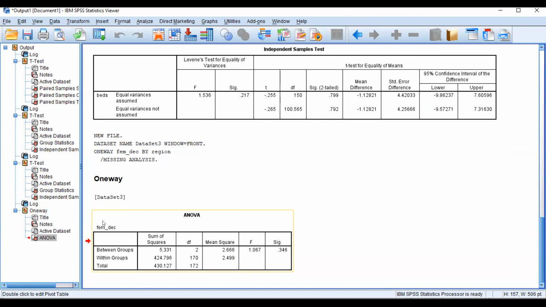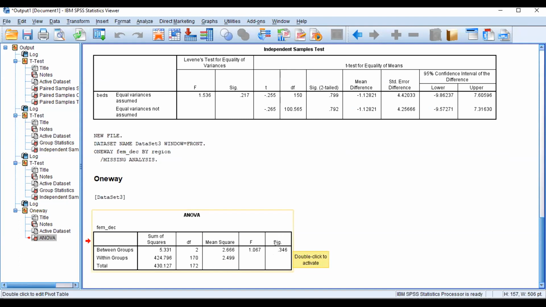This is ANOVA. This is the result of the analysis of those three comparisons. This is between group and within group. We have three groups, so the degree of freedom is 3 minus 1, that is 2, and we have the p-value 0.346, which indicates that we have to accept our null hypothesis because it is greater than 0.05. If it had been less than 0.05, we would have rejected our null hypothesis and accepted the alternative hypothesis.